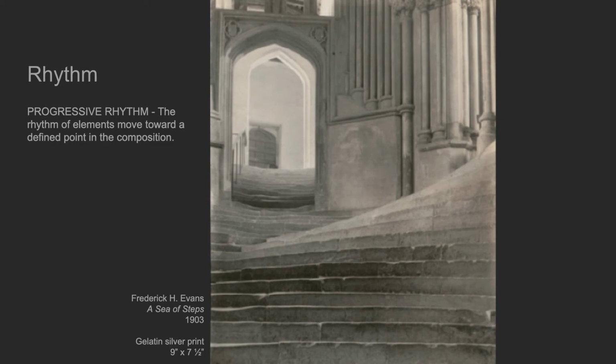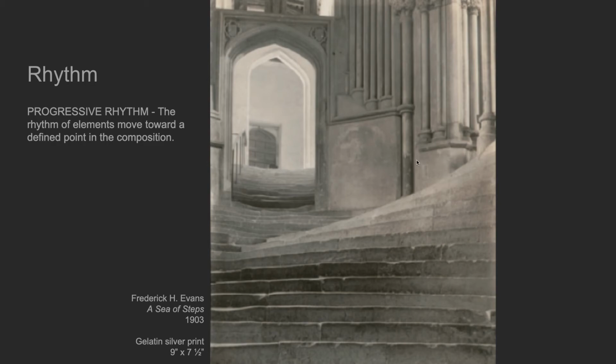Progressive rhythm. Well, first of all, I want to say that this photograph has a couple different rhythms going on. One of them is the parallel lines of these steps in the staircase. It's a rhythm. Objects that move in a predictable way. Rhythm in these columns.